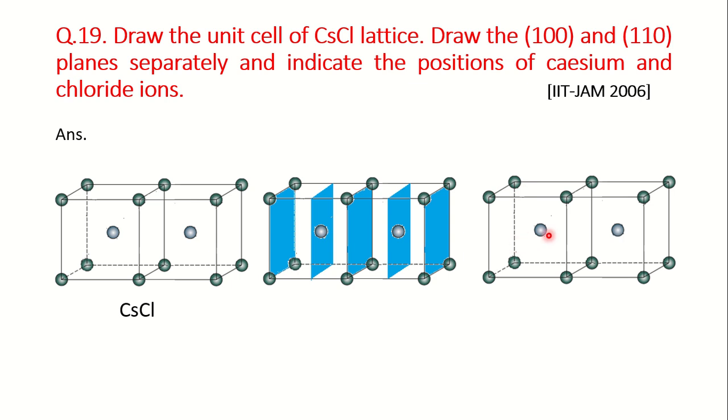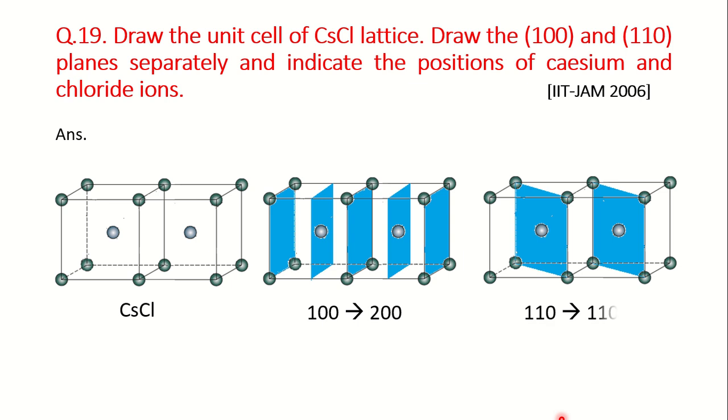It is covering this central ion, so simply this is 110. As I have said, for the 100 plane, adding this one makes it 200, but here it was not required, so 110 remains the same 110. So that's all for this cesium chloride structure. Thank you and have a nice day.